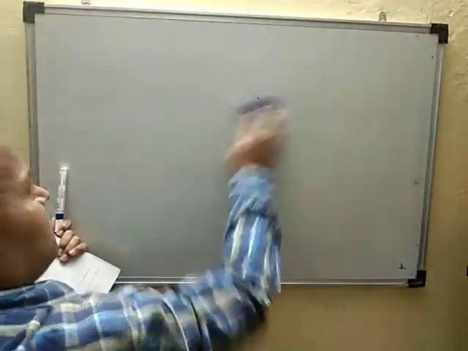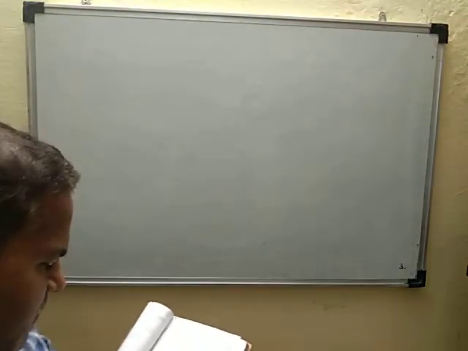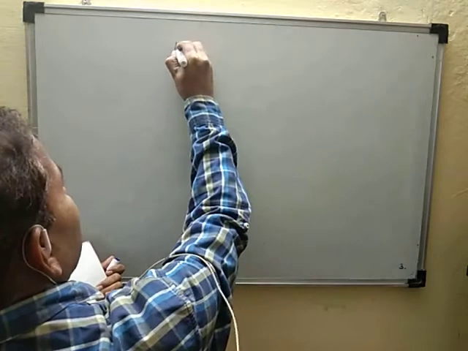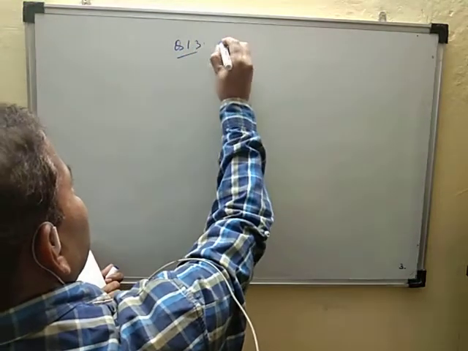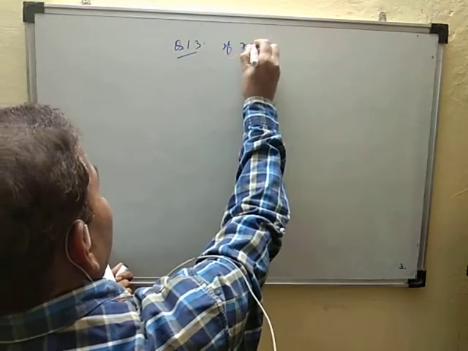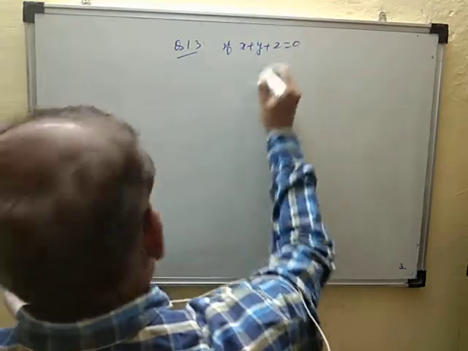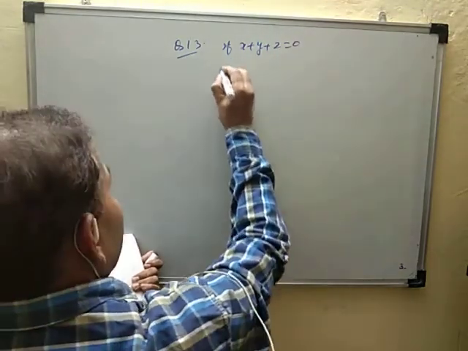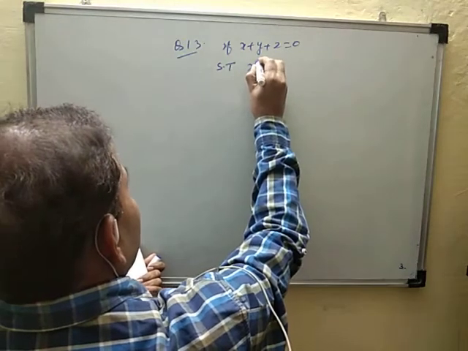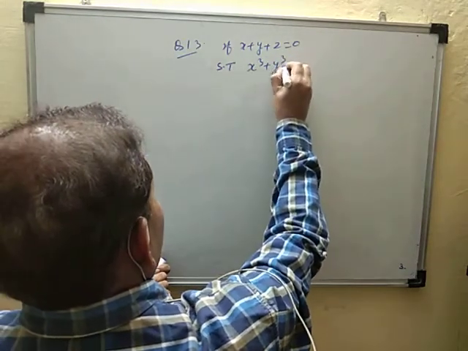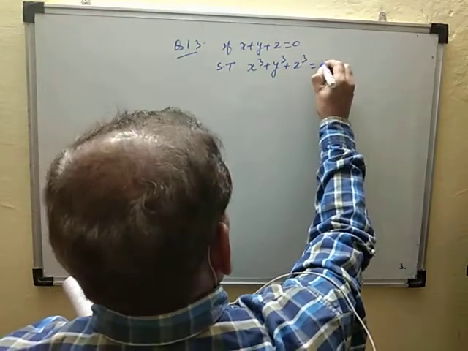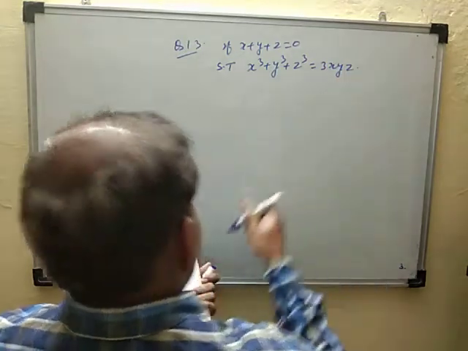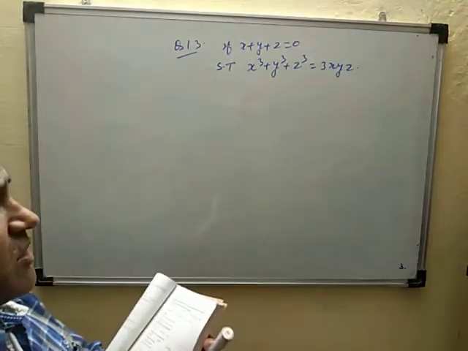Here given, if x plus y plus z is equal to 0, then show that x cube plus y cube plus z cube is equal to 3xyz.